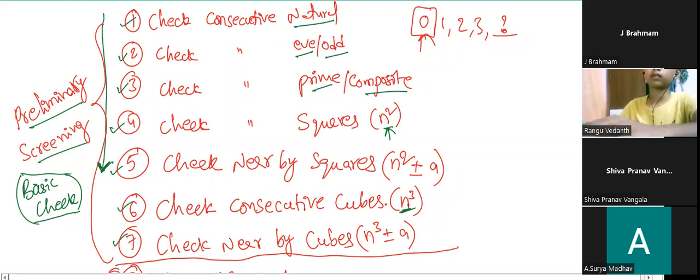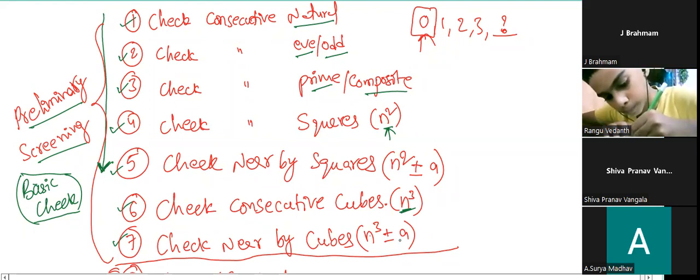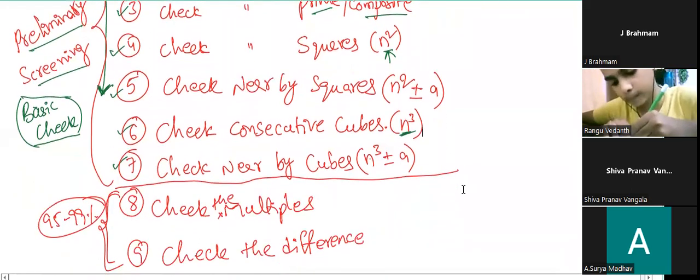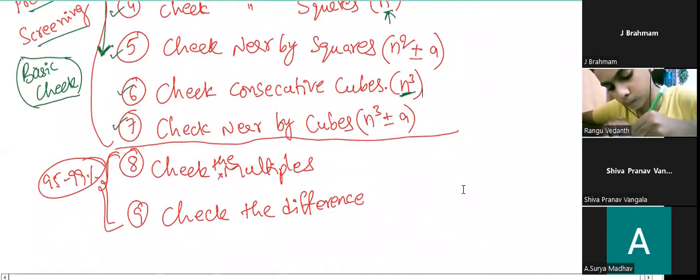For which number it is cube, that is another 50%. And after that, checking nearby cubes. If it is not a perfect cube number, we have to check whether it may be nearby any cube number, cube number plus or minus something.